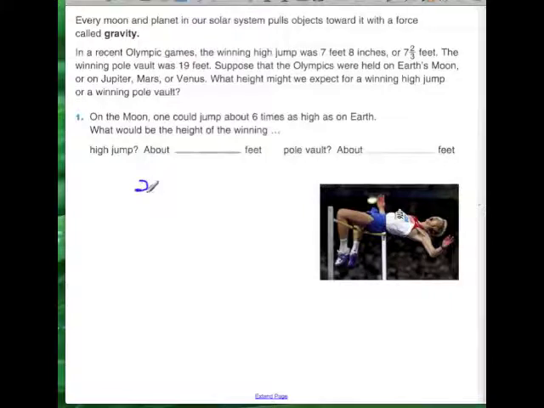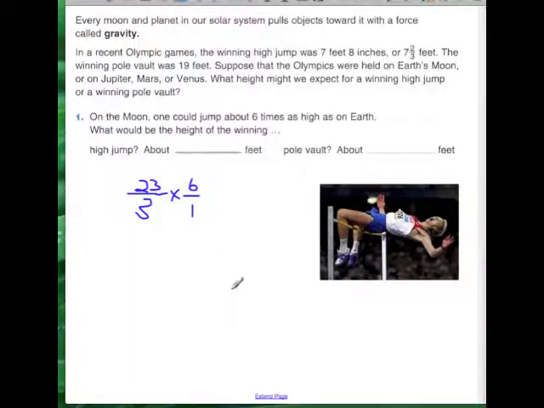So we're going to put 23 over 3. And we know we need to take that times 6. If we remember from previous lessons, whole numbers as fractions, we just put the whole number on top and place that over 1. So we just multiply straight across.